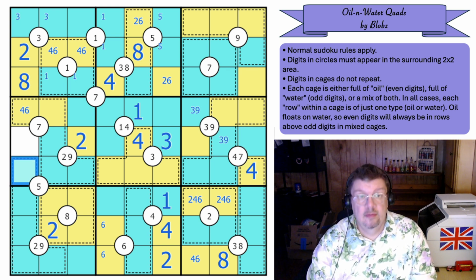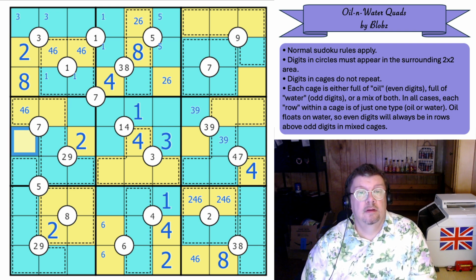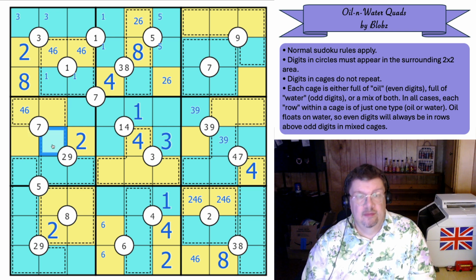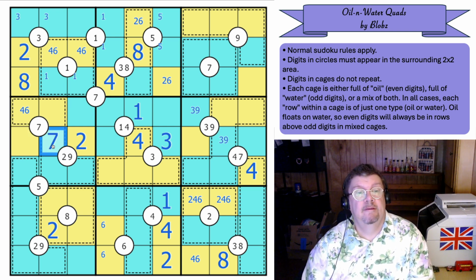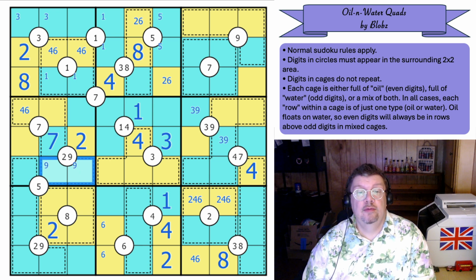That is now water, and that one is oil. And now that can't be a 7. That's the only place for a 7. Get a 9 in one of those.